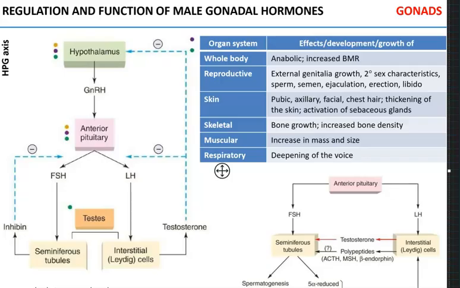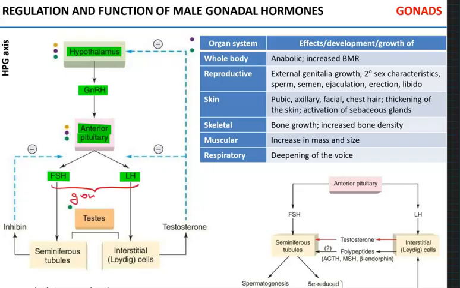It all starts in hypothalamus. It produces the hormone called gonadotropin releasing hormone, which acts on the anterior pituitary gland, which then releases follicle stimulating and luteinizing hormones, or gonadotropins. Which means these will act on gonads.